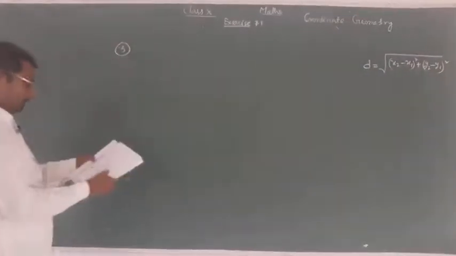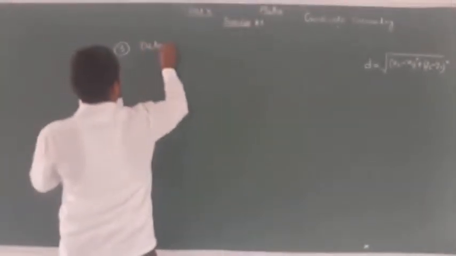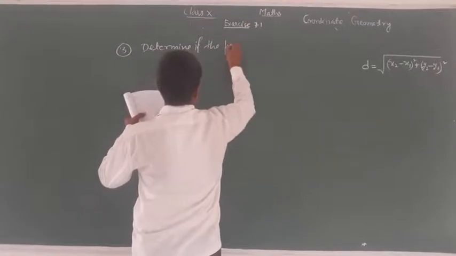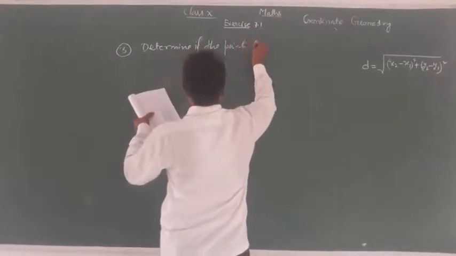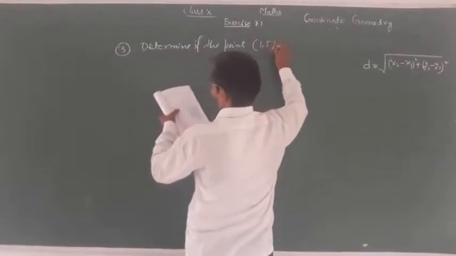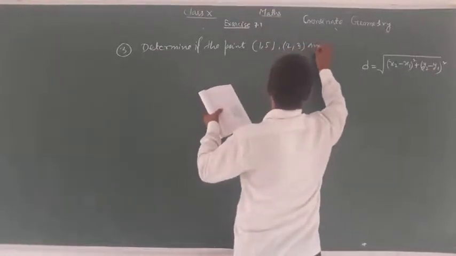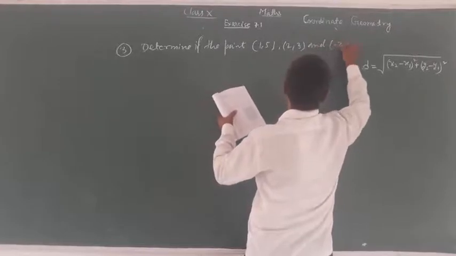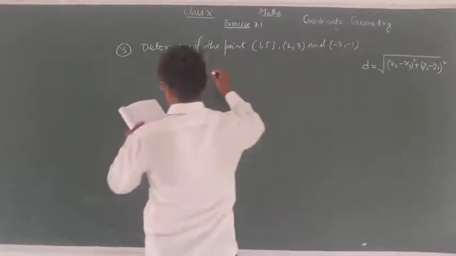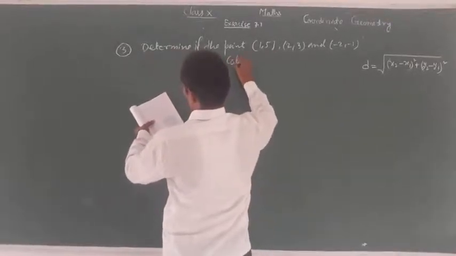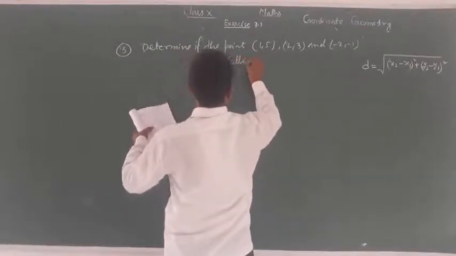Question number 3: determine if the points (1, 5), (2, 3) and (-2, -1) are collinear.